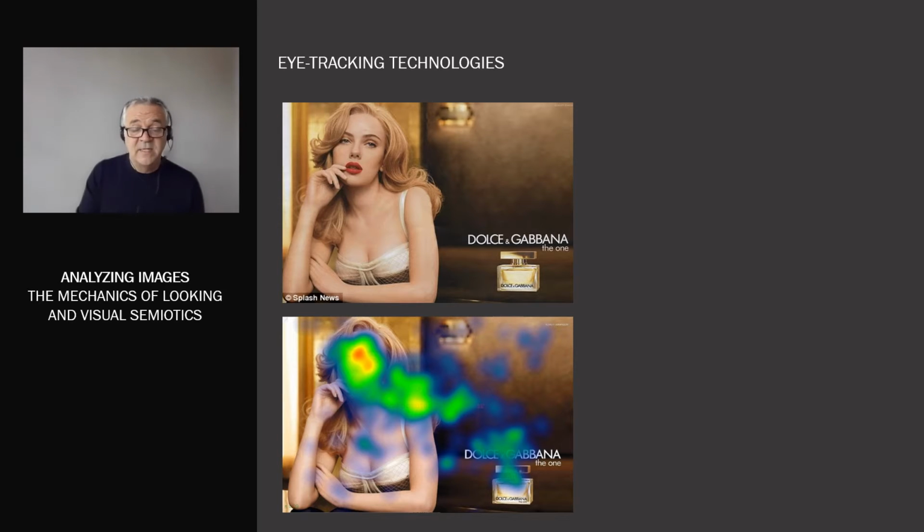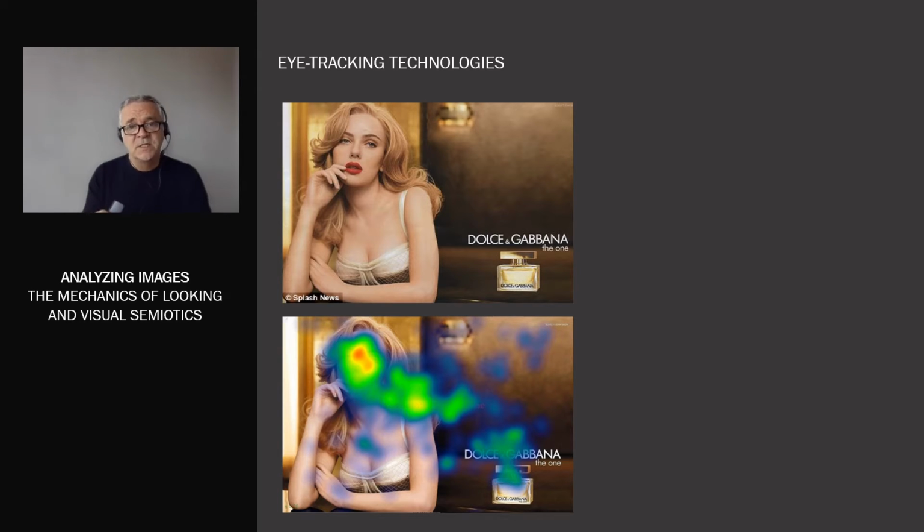What we see here is so much attention placed on the actor's face. It's all about Scarlett Johansson in this case. But thankfully for the advertisers, viewers also seek out the bottle. And as such, there's an association drawn between her and the perfume, which seems to have been made quite successfully.